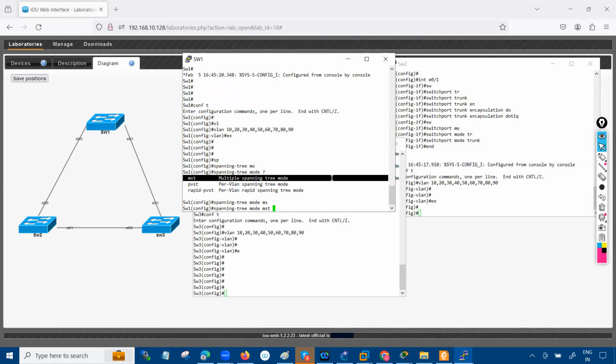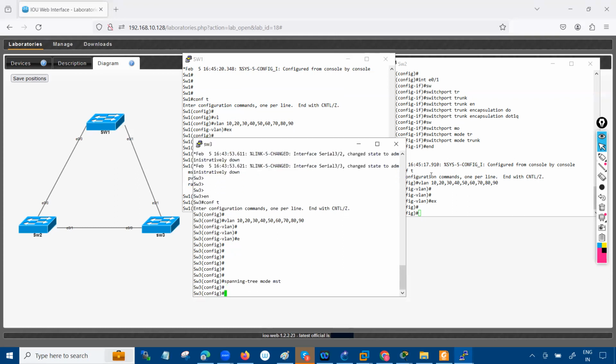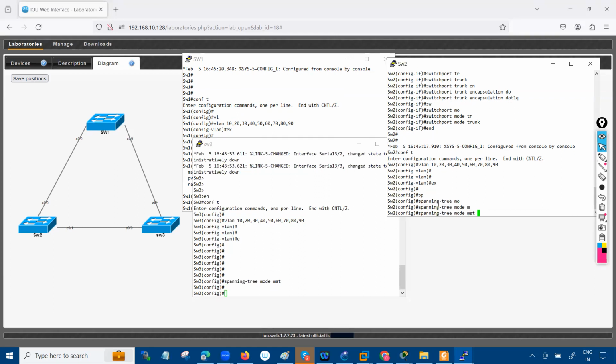Hold on, I'll explain the meaning of multiple. It has some meaning, and I'll explain that. Mode changed on this switch. Same thing on switch 2 and same thing on switch 3. Sorry, spanning tree mode MST.